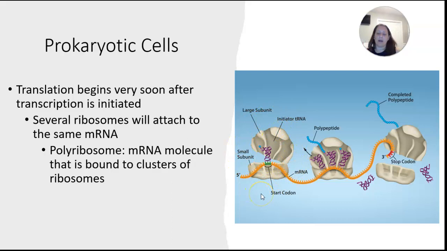And so multiple ribosomes can attach to mRNA and read it simultaneously, which speeds up protein synthesis, right? Now, what I do want to mention here, a difference between prokaryotes and eukaryotes, is that in eukaryotes, translation of mRNA can't happen until after the mRNA exits the nucleus.